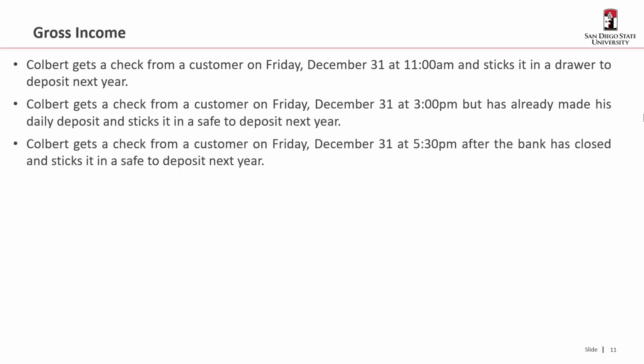We're going to expand that even further. So Colbert gets a check from a customer Friday, December 31st at 5:30 p.m. The bank has closed. And as a result, he sticks it in a safe to deposit next year. Is that constructive receipt? And the answer is, there was supposed to be a drum roll in there. Yes, it is in fact constructive receipt.